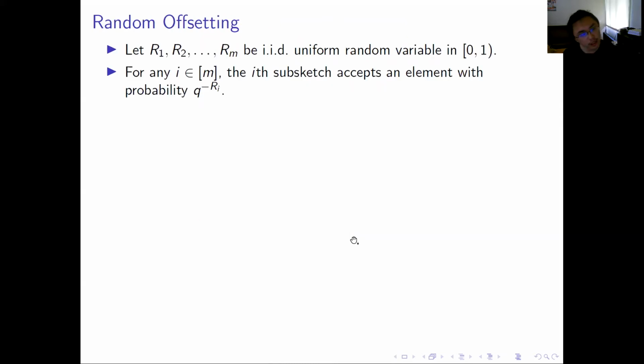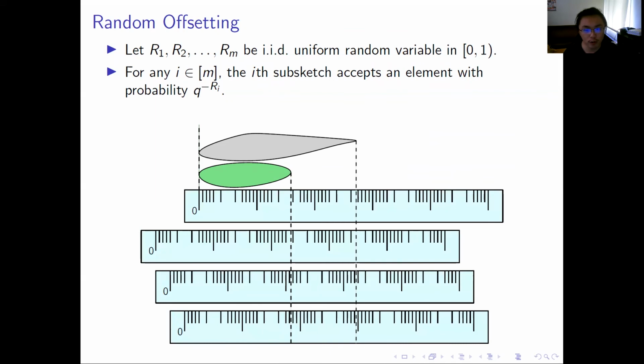But it's easy to smooth that. The idea is to use random offsetting. For each subsketch, while initializing, you sample a uniform random variable r_i from 0 to 1, and you accept only a q to the minus r_i fraction of the incoming elements for each subsketch. As an analogy for rulers, why can this smooth things out?